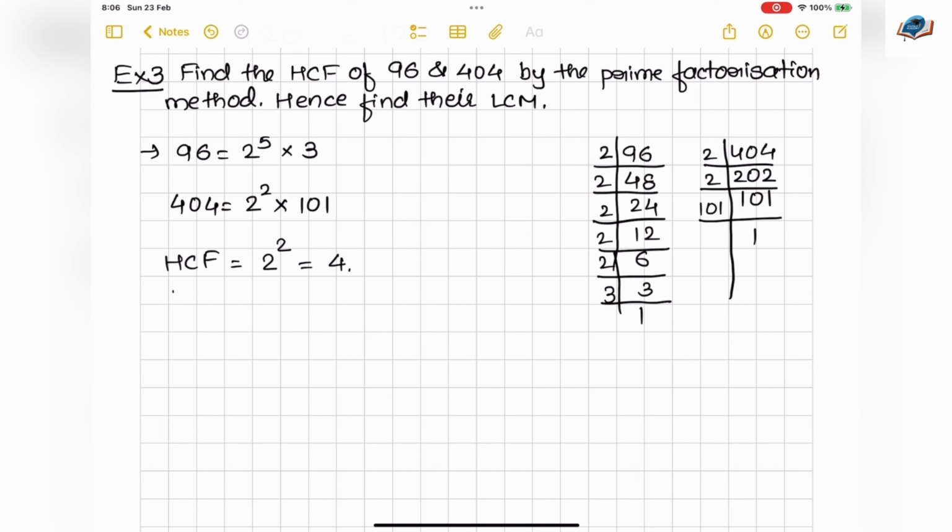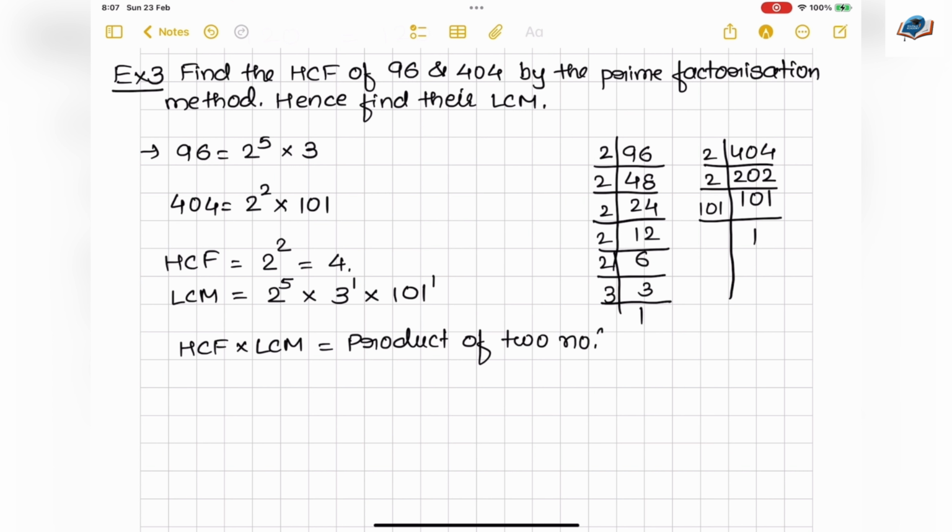Now if I want to write LCM by this method, I can write 2, 3 and 101, three numbers are there. So now 2's highest power is 5, 3's highest power is 1, 101's is 1. So this will be my LCM. Now if I want to prove by the formula, HCF into LCM equals the product of two numbers, I can use that also.